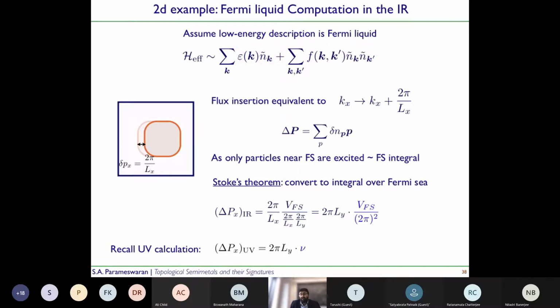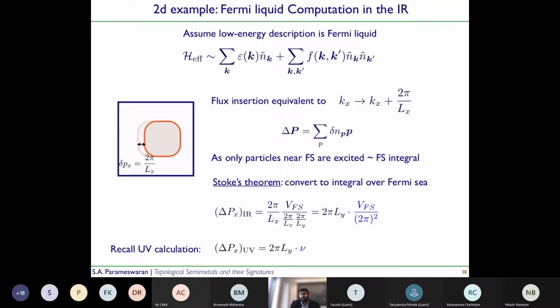Now, when I insert a flux, remember that a time-dependent flux is like an electric field, and under an electric field, it just acts on momentum. Remember the equation we wrote down, k dot is equal to E.